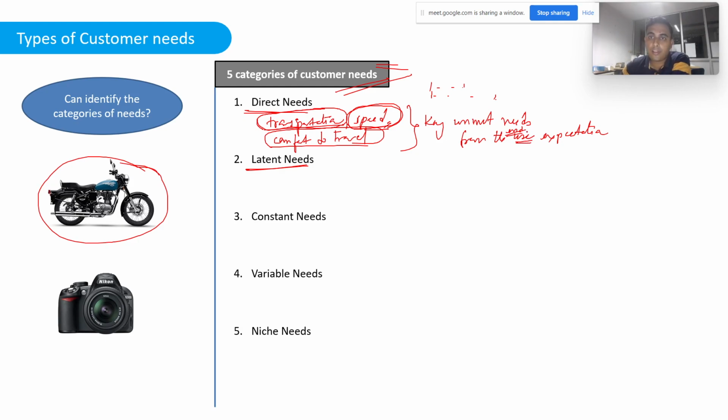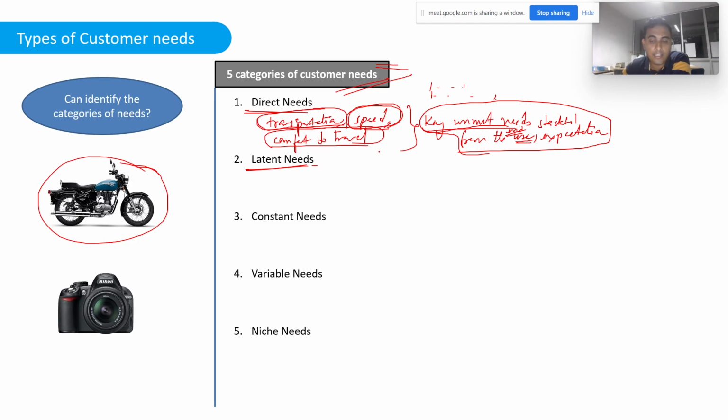And it can also be other stakeholders. These are key unmet needs which are easy to identify when you look at the problem. They are easy to recognize, and they are the key driving force which actually drives the whole project.